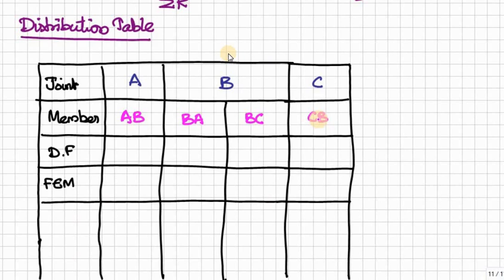Now we have to fill out the distribution factor for each member and the fixed end moment also. So everything is filled.